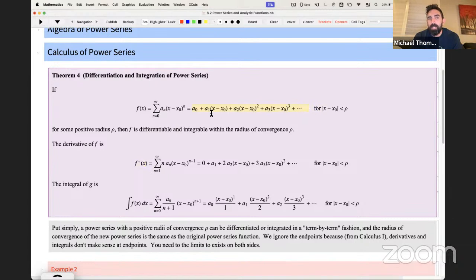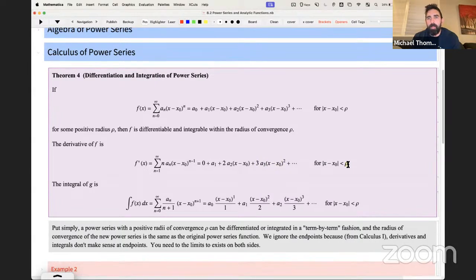It's infinite degree, so you just differentiate term by term as you normally would a polynomial. So this a naught disappears. The derivative here becomes a1. This becomes 2a2 (x minus x naught), and then 3a3 (x minus x naught) squared, and so on and so forth. What's interesting is not only can you take the derivative so easily, just treating it like a polynomial, but the radius of convergence actually stays the same.